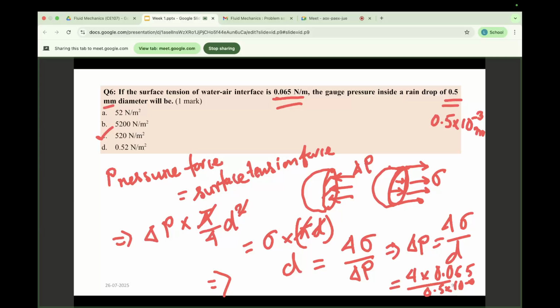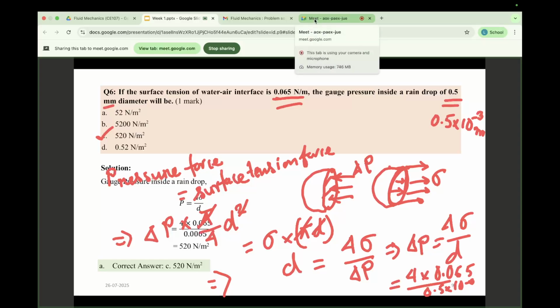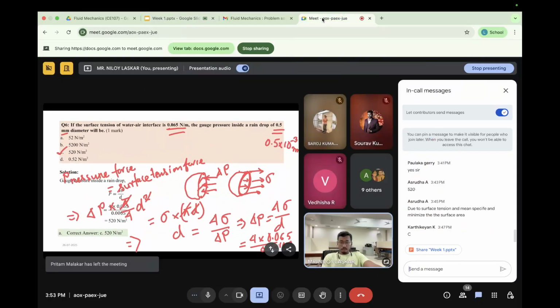And even in the emerging field of microfluidics, if someone is interested in research, this concept is quite vital for them also. So option C is the correct one.